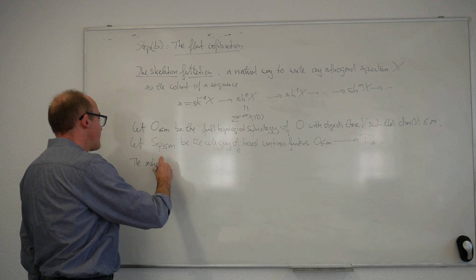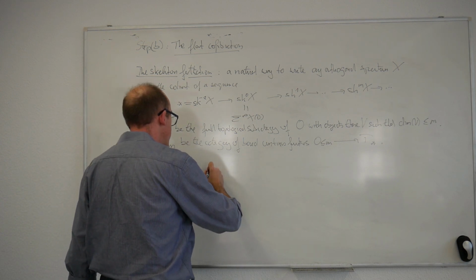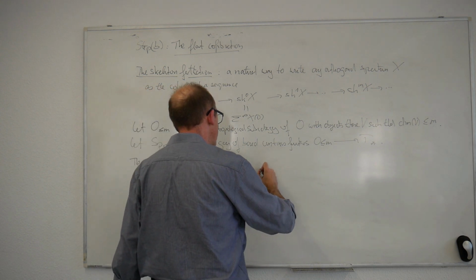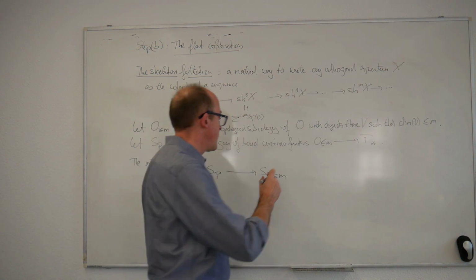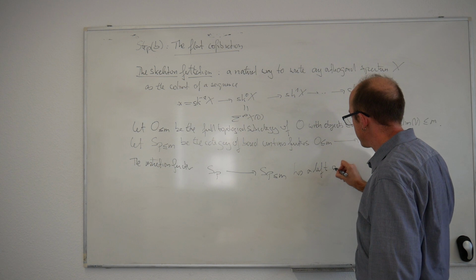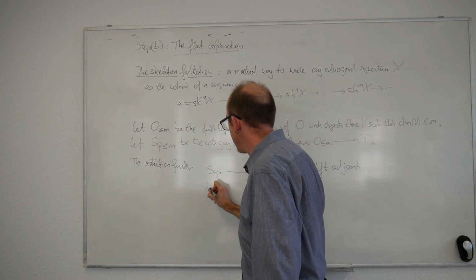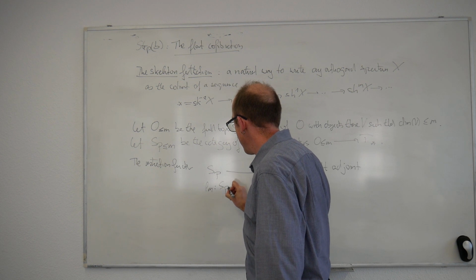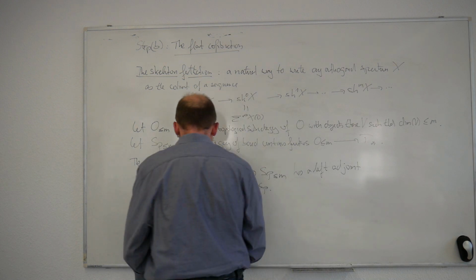So the restriction functor from orthogonal spectra to orthogonal spectra truncated at M has a left adjoint. I write L_M, which goes from M-truncated orthogonal spectra to orthogonal spectra.